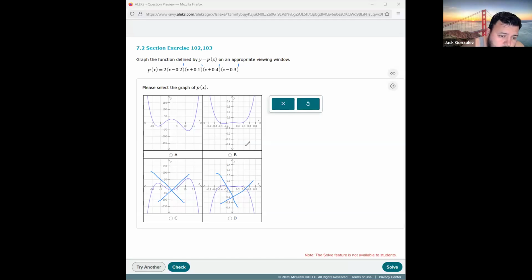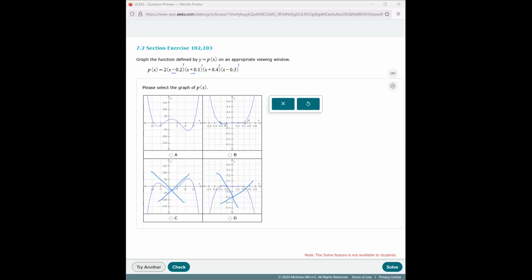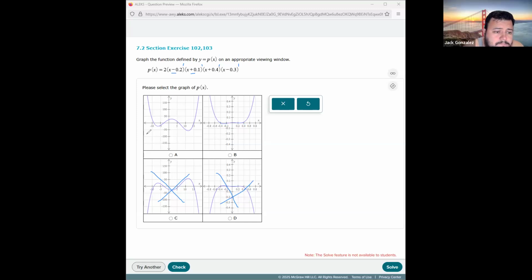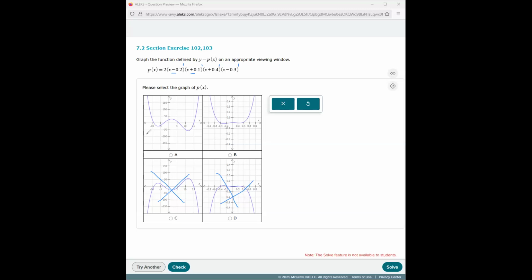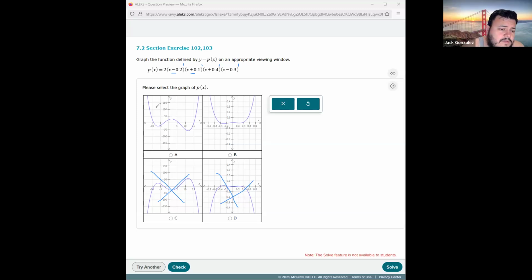Yeah, it has to be B because these zeros are right there, right? 0.2, negative 0.1. So it's going through the right spots. I think you simply have to see where it hits. Because I crossed out A and C first because they didn't look right to me. A is too big, right? The zeros.